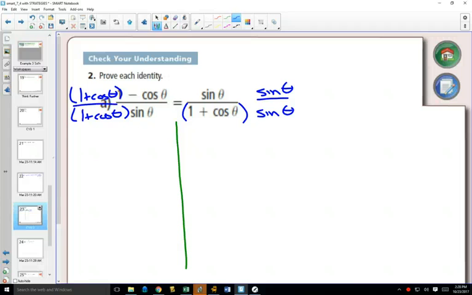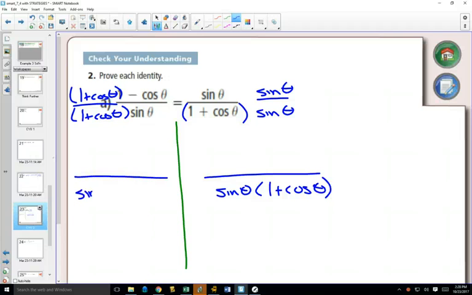On first glance, this appears to be that you're making the question more difficult looking, which is kind of true because you're adding something to it. You're making it a little bit less simplified. But at least now, and I'm not even going to multiply out the bottom, I'm just going to leave it factored, sine theta times 1 plus cos theta, at least our denominators are going to be the same on the left side and the right side.